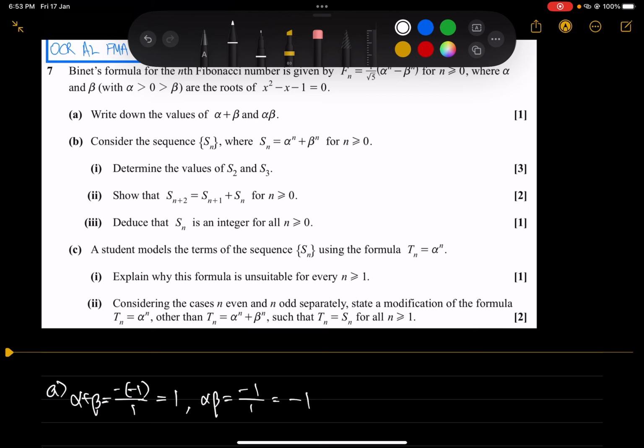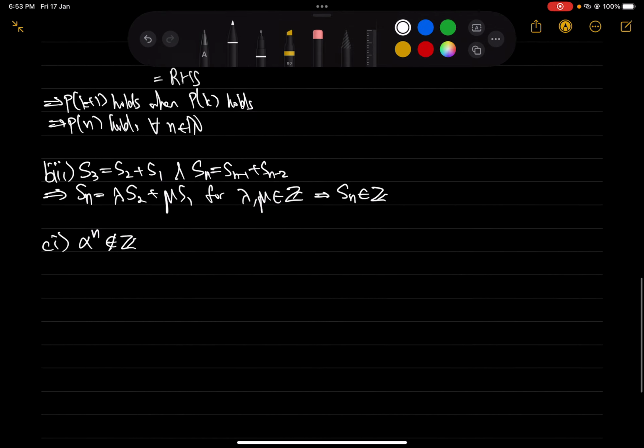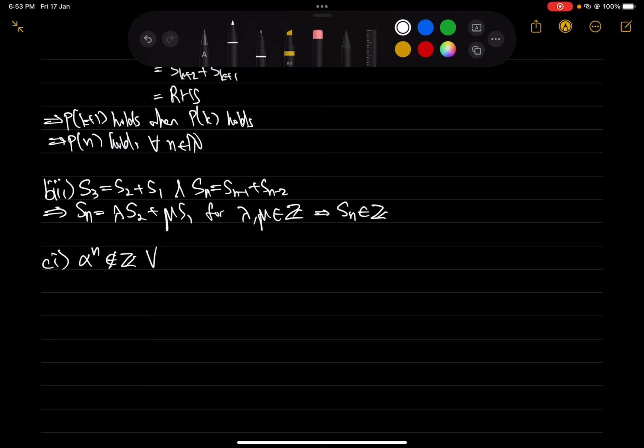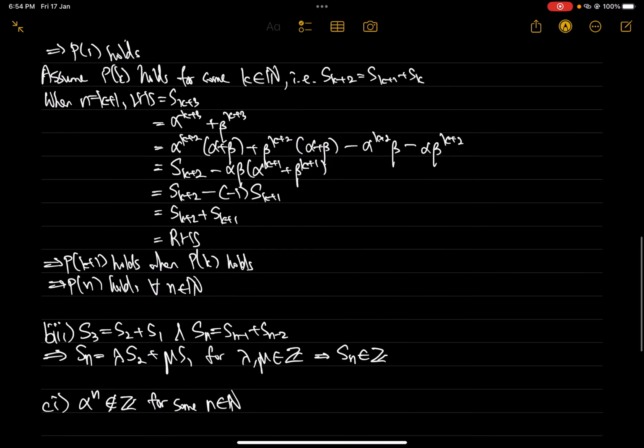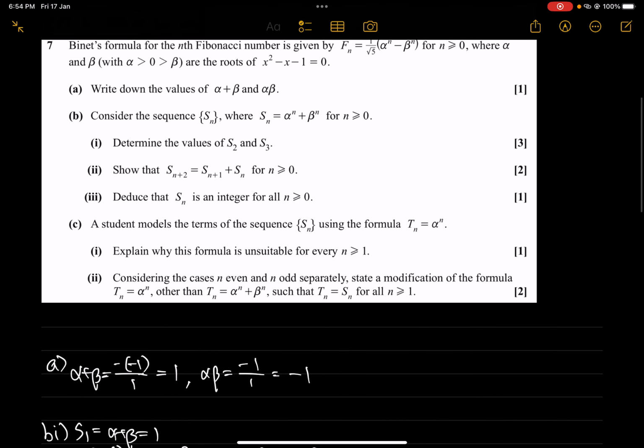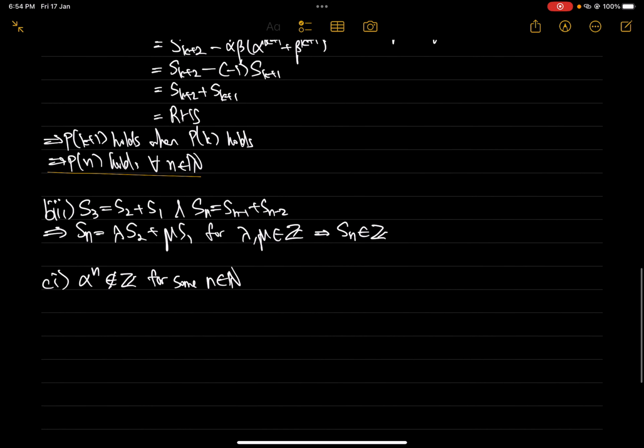We couldn't get alpha^n as an integer for every n greater than or equal to 1. So yeah, for all n belonging to integers. Oh, in fact, I should just say for some, because there could be a case where alpha^n is actually an integer. So I could say sometimes it doesn't belong to the integers. So yeah, which implies it's unsuitable.